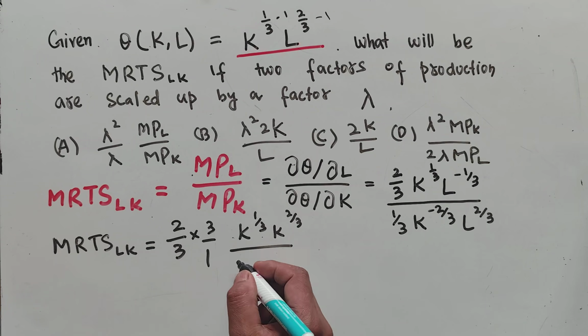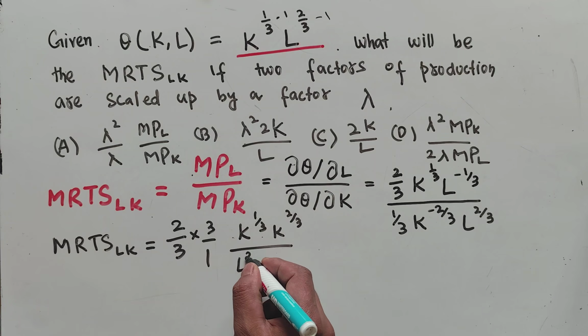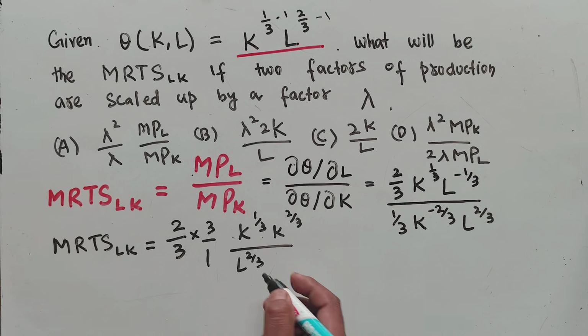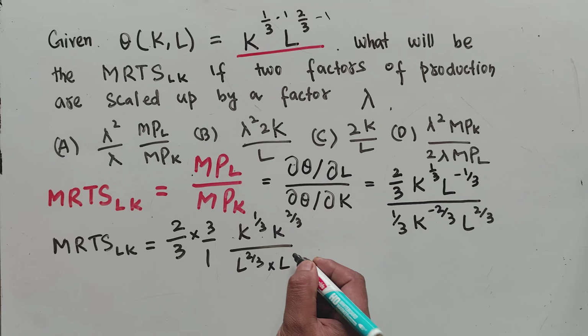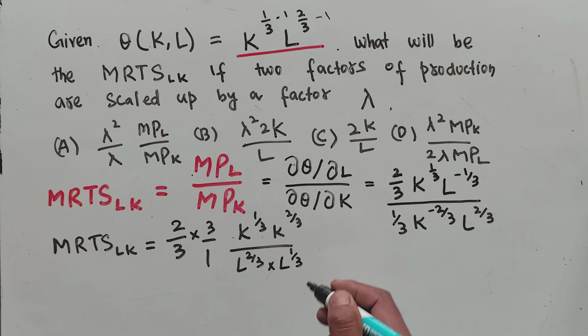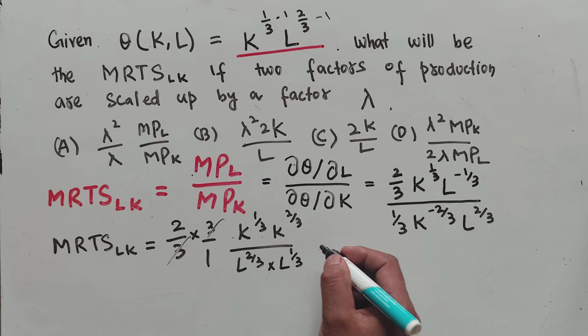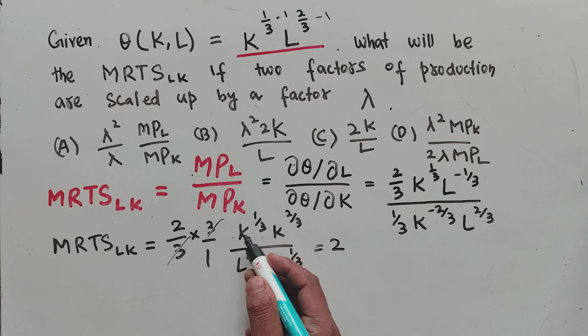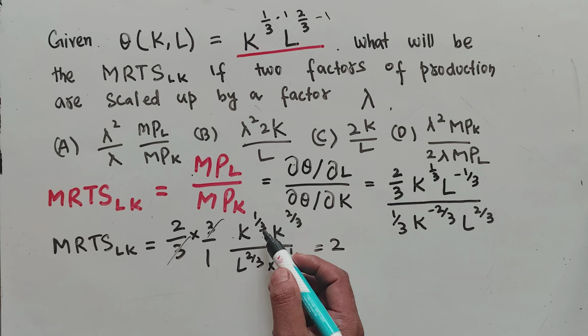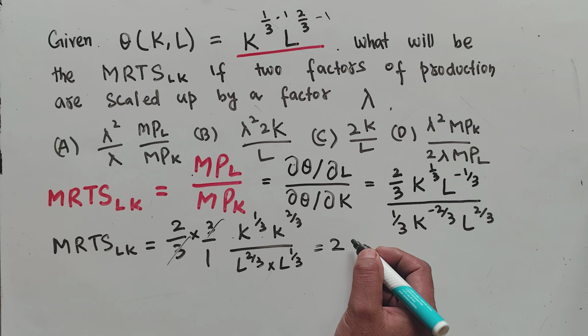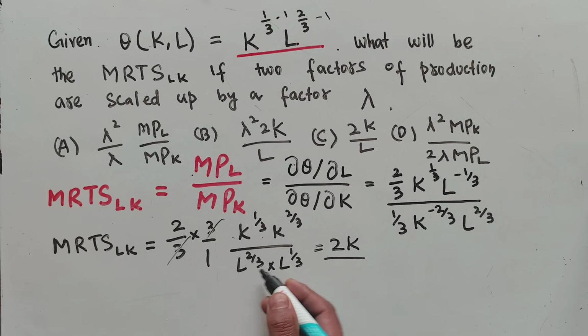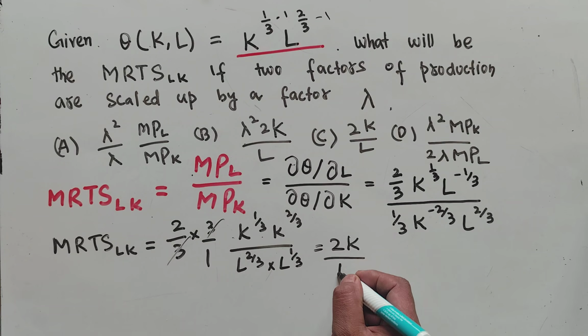Likewise, we have L raised to the power 2/3 here, transpose it here, it gets multiplied, but its exponent sign changes from negative to positive, so it becomes positive 1/3. So 3 gets cancelled, we are left with 2. Bases are the same, we can add up the exponents, so 1/3 plus 2/3 is 1, so we get 2K. Likewise here, bases are the same, we can add up the exponents, and the sum of the exponents is again 1, so we get only L. This is our marginal rate of technical substitution.